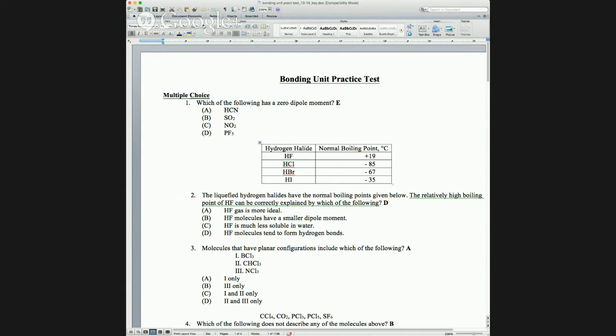The exception is HF. You would expect HF to have the smallest boiling point of those 4, but it's the highest because it is experiencing hydrogen bonding. Remember, only nitrogen, oxygen, and fluorine can experience hydrogen bonding. Anyways, most of the time it's atomic radius. So there's a couple examples of that.